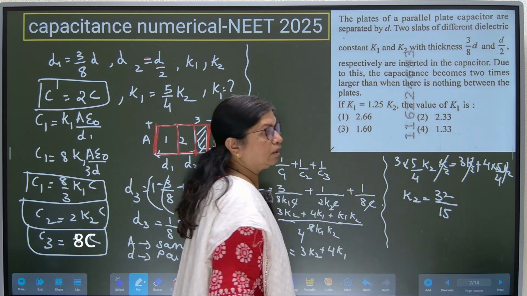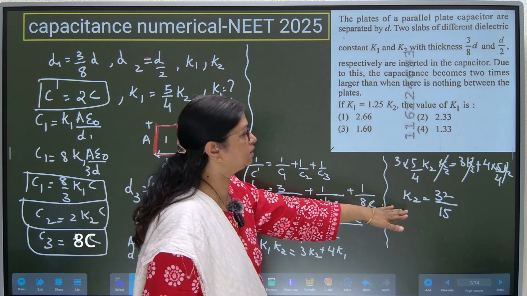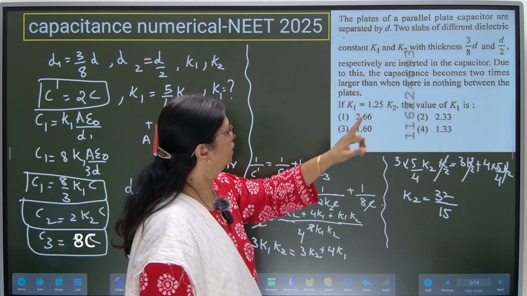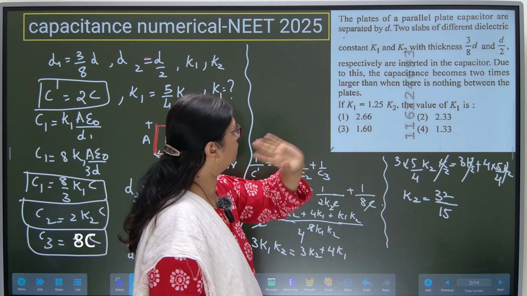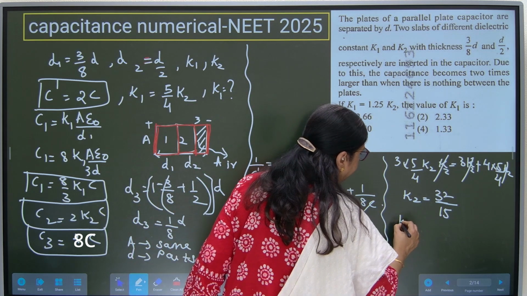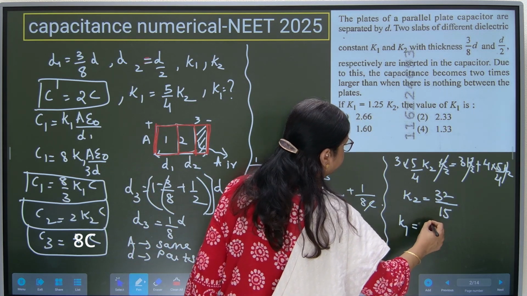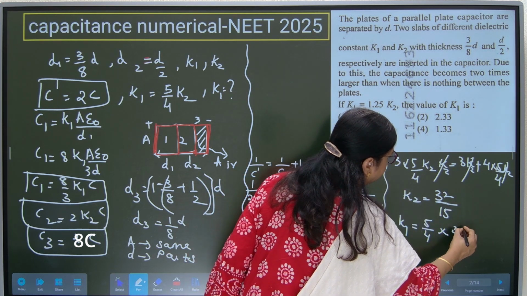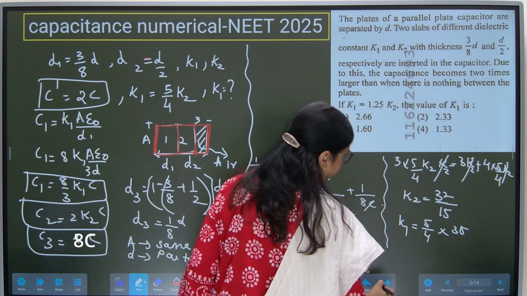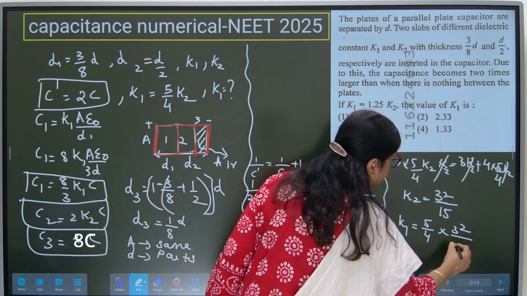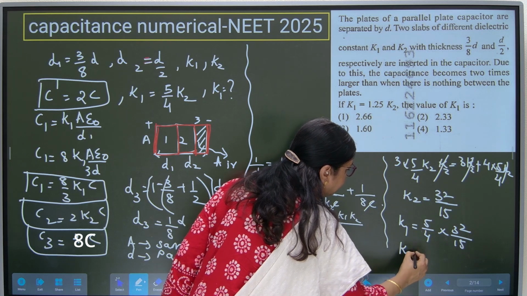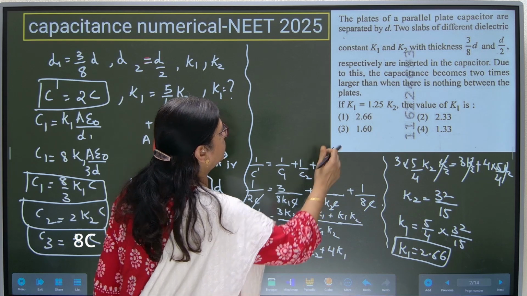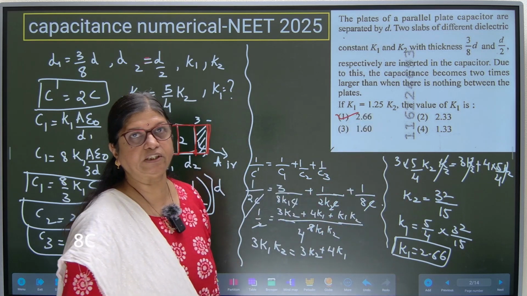Now here the confusion again comes because they have not asked us K2, they have asked us K1. So just substituting this value of K2 in K1, we get K1 is equal to 5 upon 4 K2, that is 32 upon 15. So solving this, we get K1 is equal to 2.66, which is option number 1 of this question.